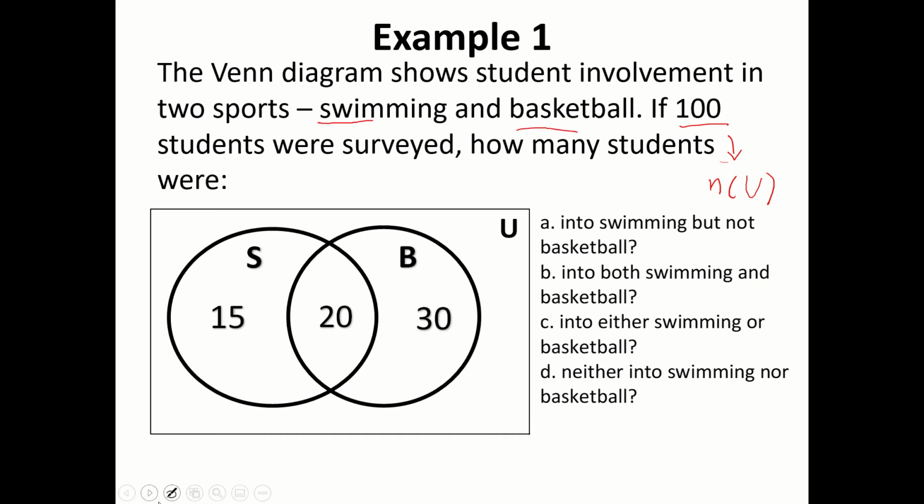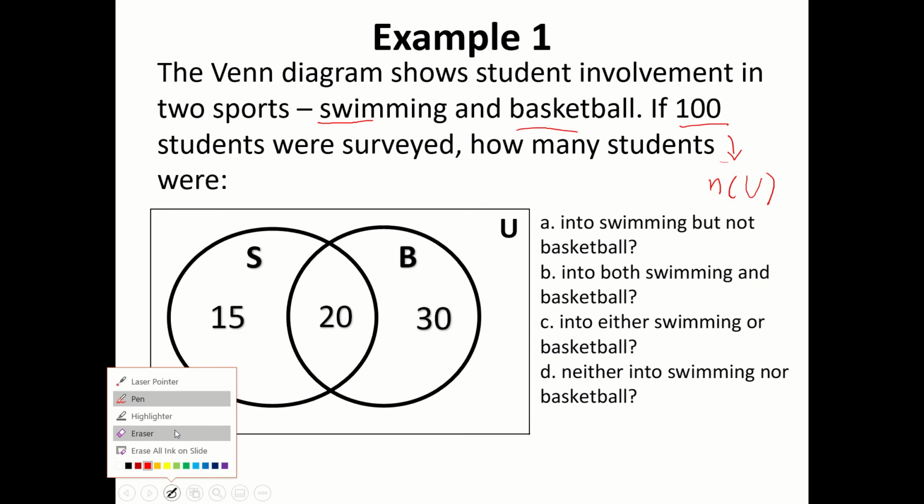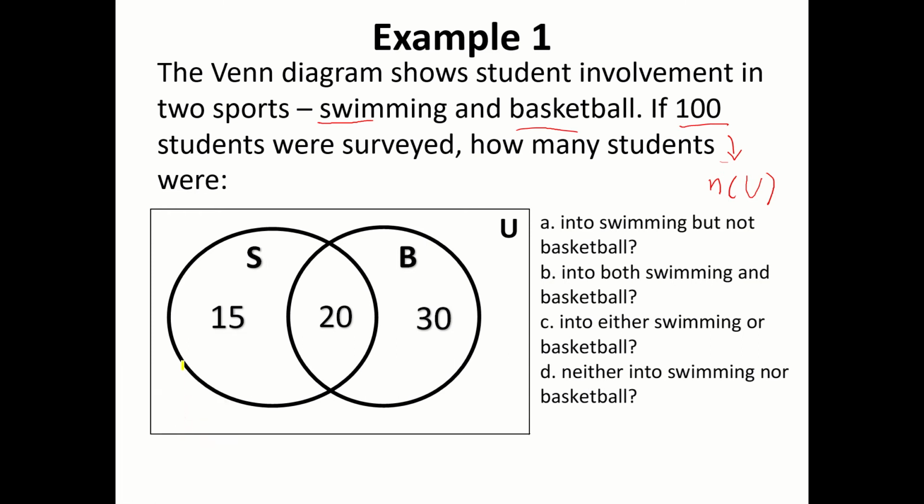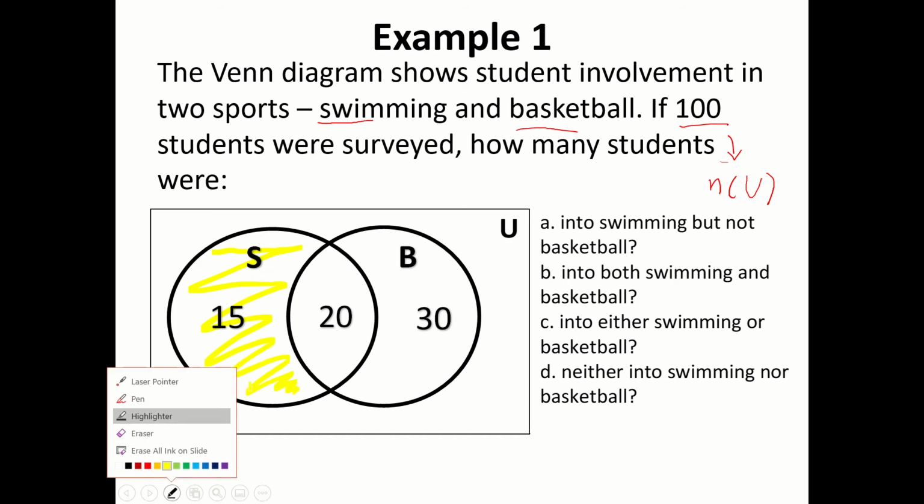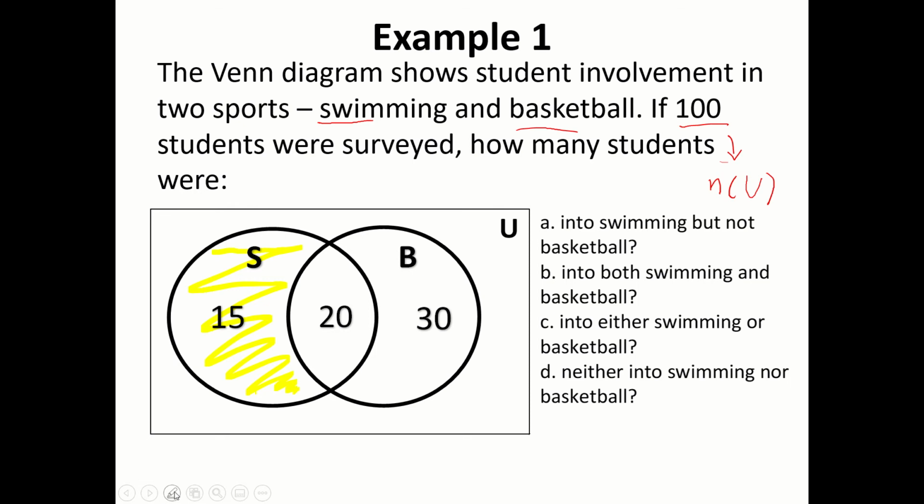Let us try to understand first what's happening in our Venn diagram. Take note that this region in here are people who love swimming only, but not basketball.